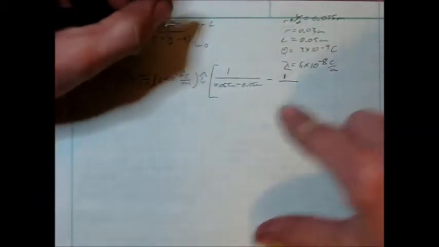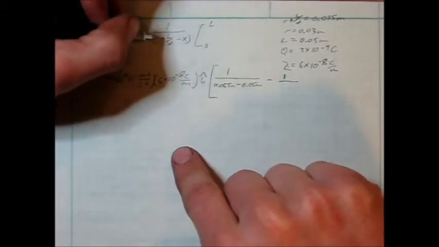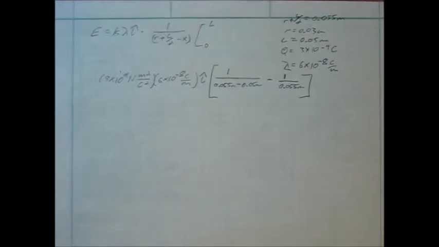And then it's going to go into this area over here. Minus our minimum value, where x is 0, would just be R plus L over 2 in the denominator, so that's just 1 over 0.055 meters.